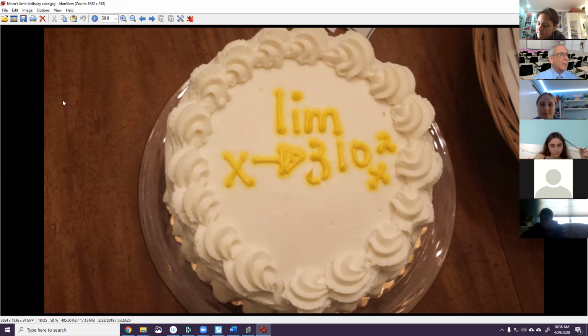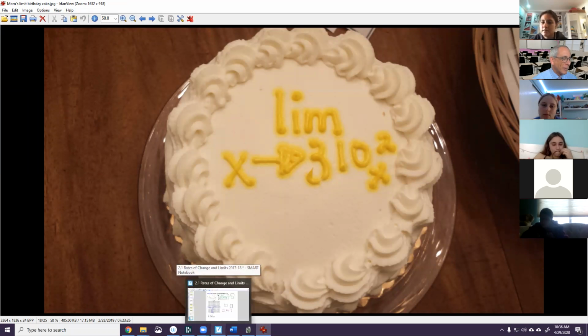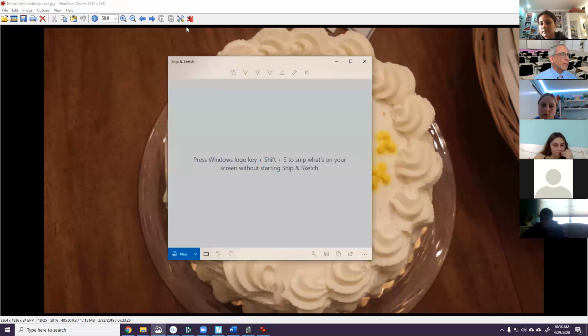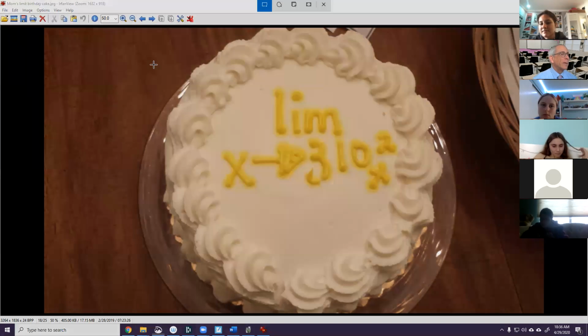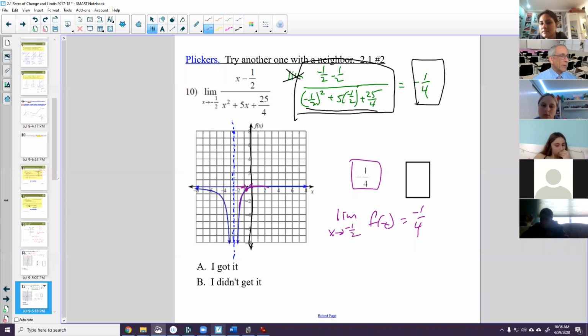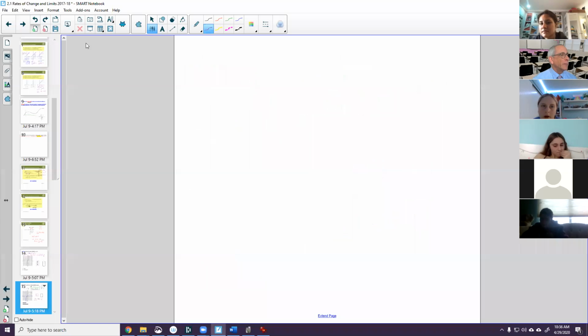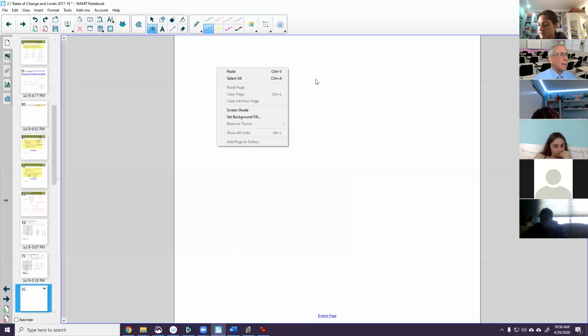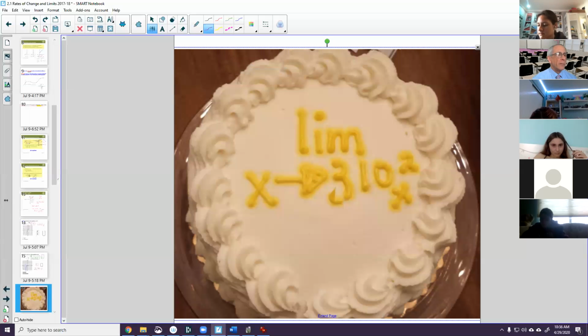Everybody can see the cake? Okay, so actually, let me take a snip here, because I can't really fault the bakery. I don't expect the bakery to know calculus, but let's go here, and let's get a page. Paste it, come on.